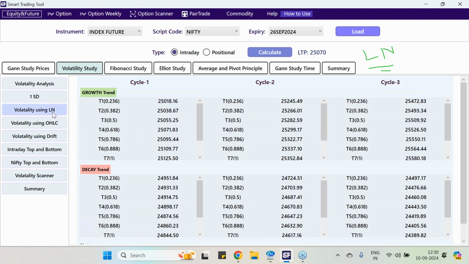Then a similar principle is utilized for OHLC, open, high, low, close. Here the market's end point, the closing price, is taken for LN and the volatility estimate.